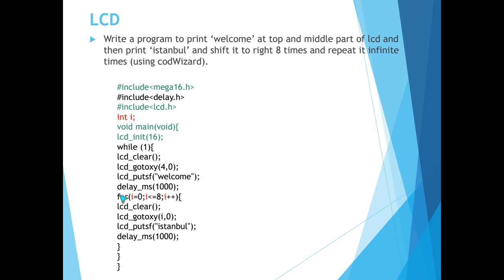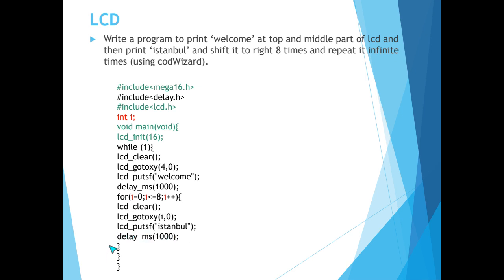To do that, as in the previous code, we use for i equals 0, i less than or equal to 8, i plus plus, and lcd_clear, lcd_gotoxy(i, 0), and lcd_puts of Istanbul, and a delay of 1 second or 1000 milliseconds.